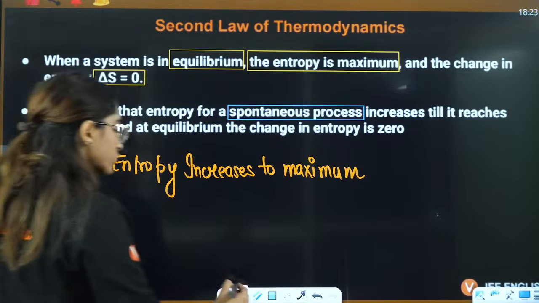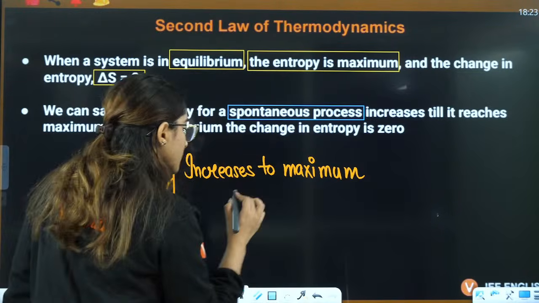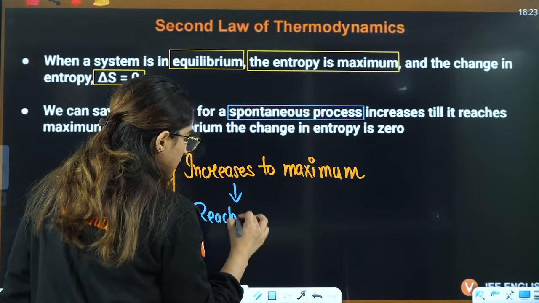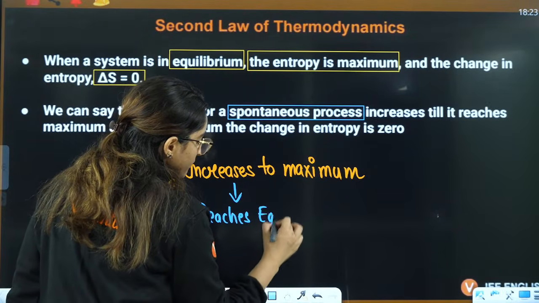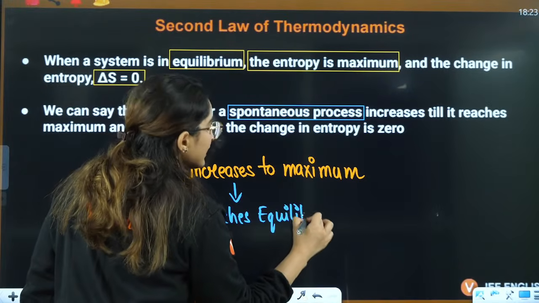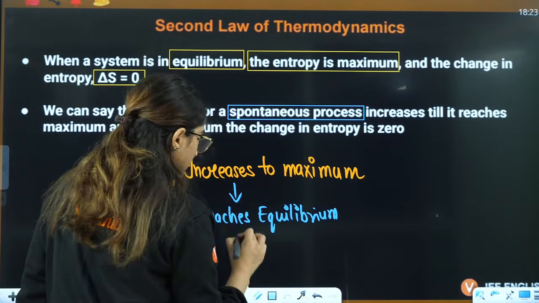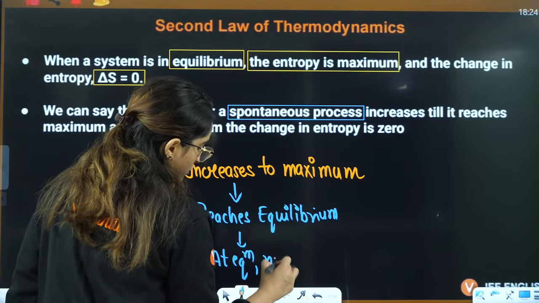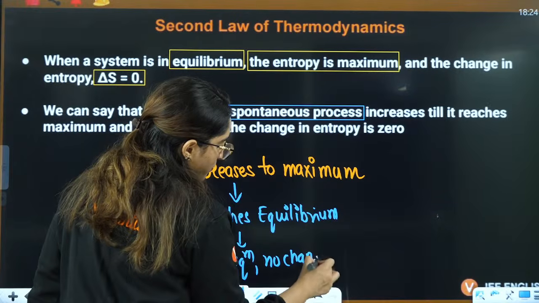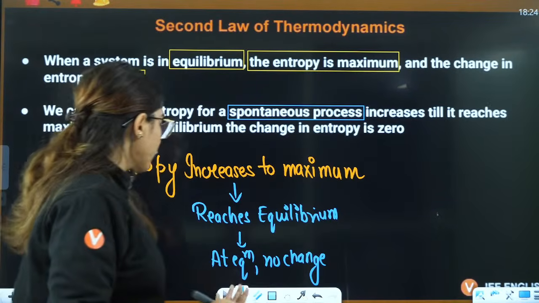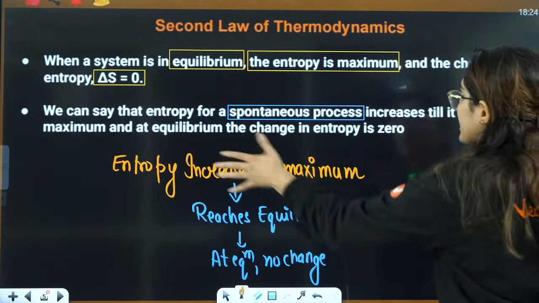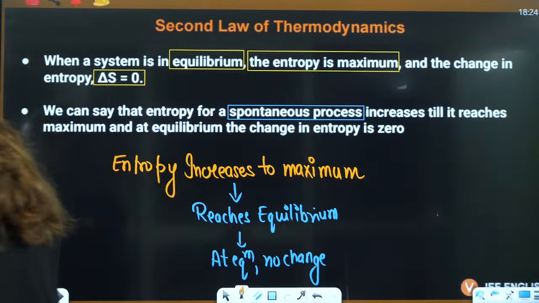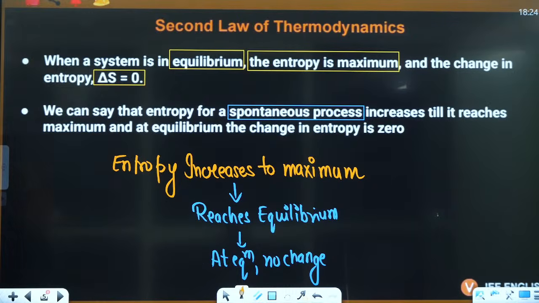So entropy increases to maximum, then reaches equilibrium, and then it will not change. At equilibrium, no change in entropy is there. Before that, it will reach its maximum. Then at equilibrium, it's a constant thing. Tell me, is that clear to everybody?